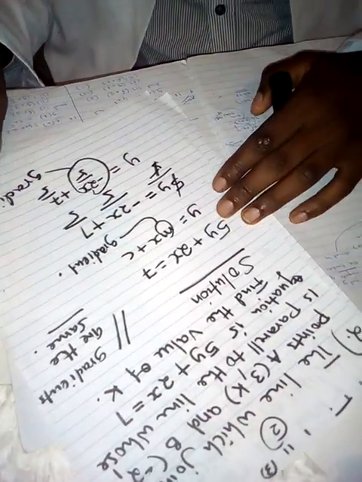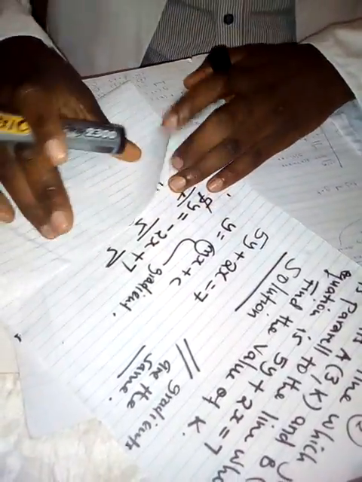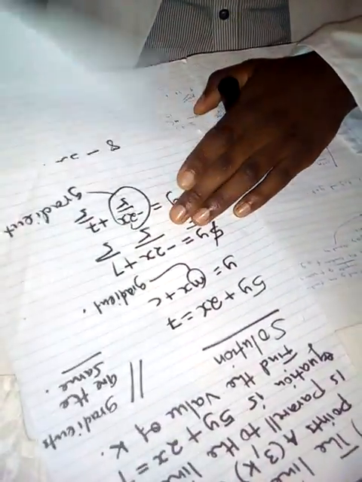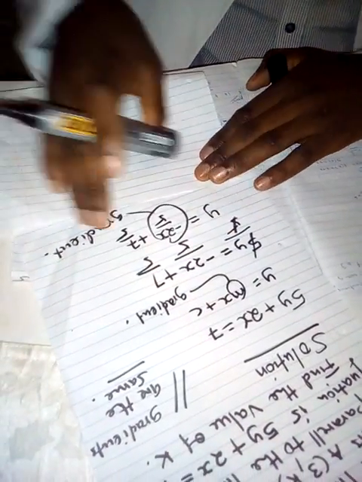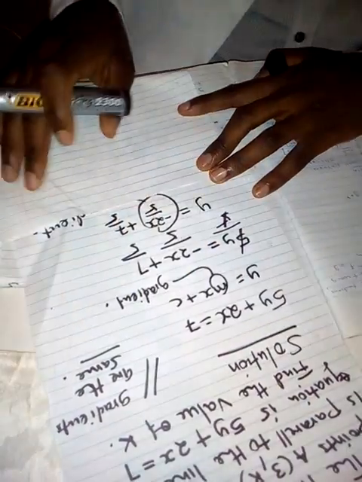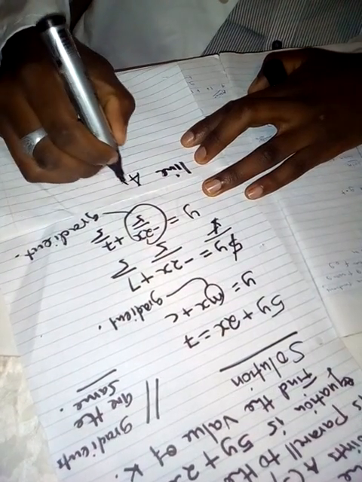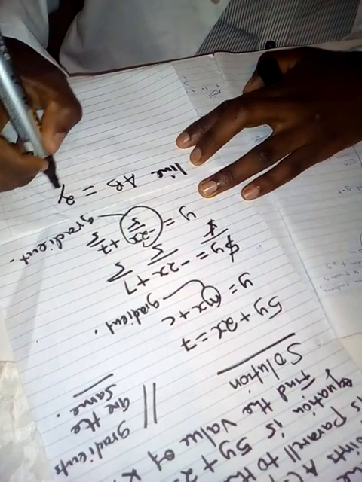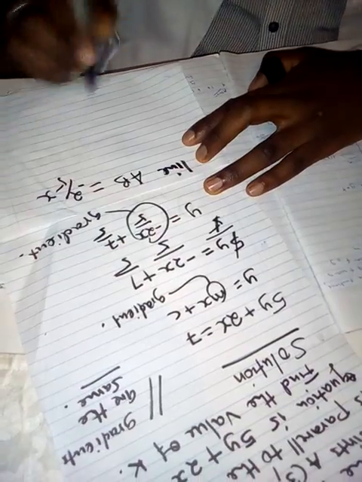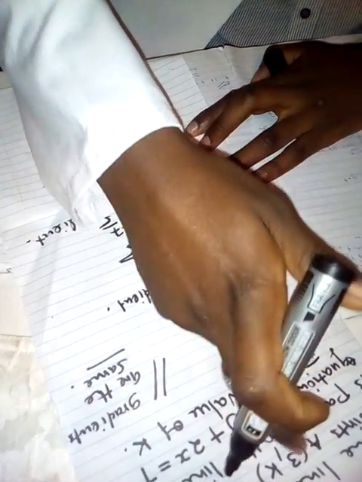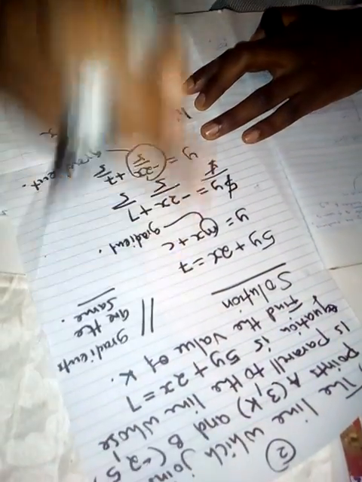And you are given that line AB has gradient negative 2 over 5, and the points A and B are these.